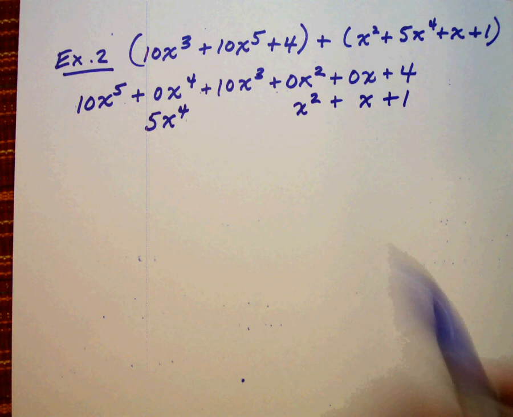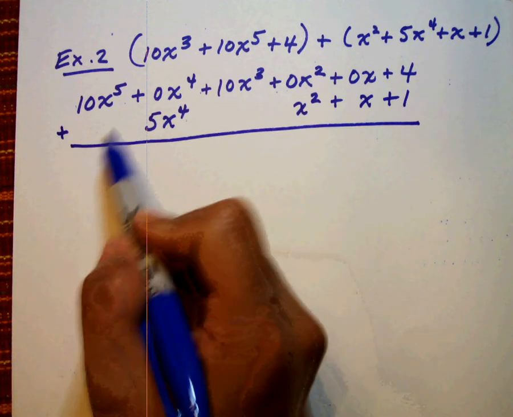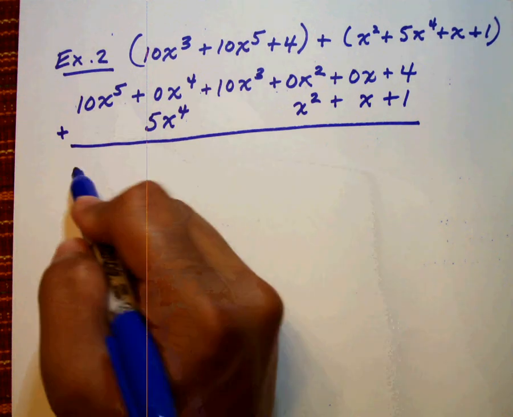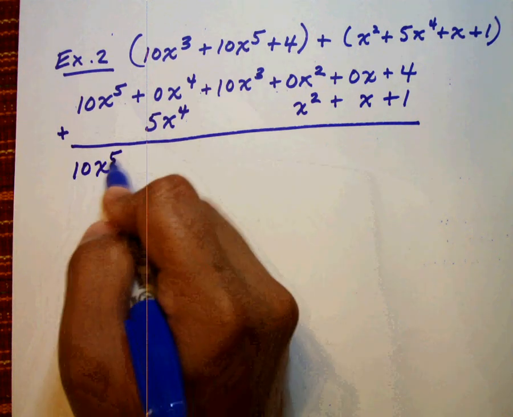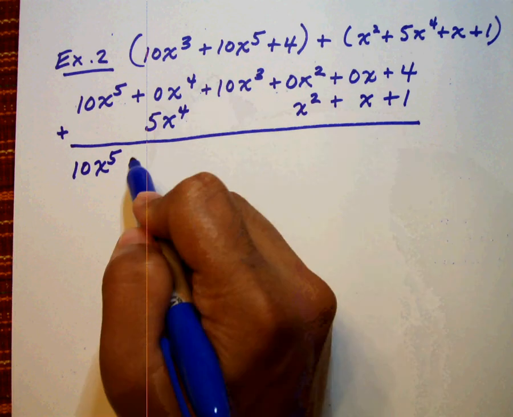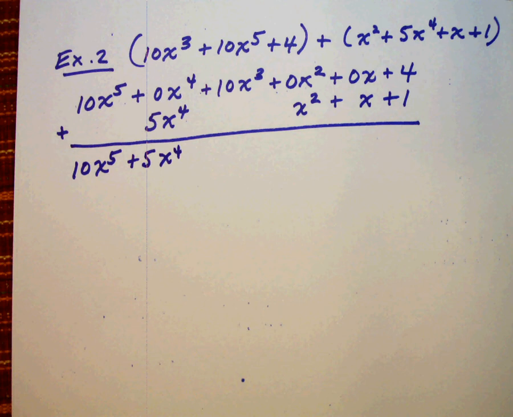Now this is an extremely long polynomial, and you're going to add these up. Anything that is blank is considered 0, but you're still going to add it with the 10x to the 5th power. That's going to drop down anyway. So 10x to the 5th power it is. 0 plus 5 is 5, and I keep the x to the 4th power.